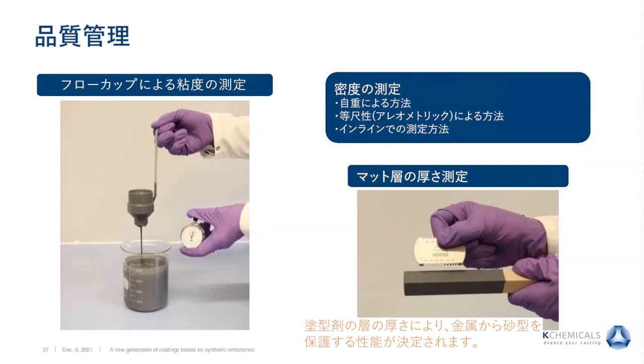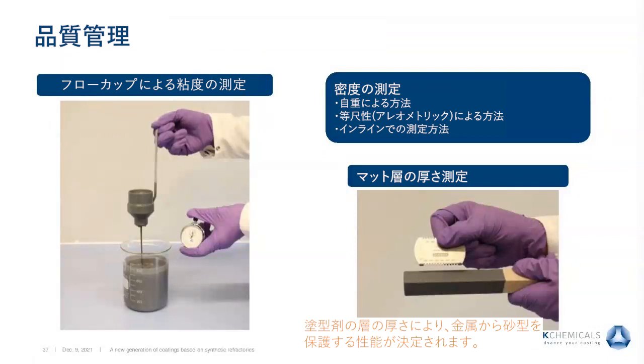We recommend a gravimetric measurement with a graduated cylinder and a scale instead of areometric measurements like with a Baumé stick, because the gravimetric measurement is much more precise. And there are also inline measurements available. If you are interested in these things, of course, we can provide you with some information.